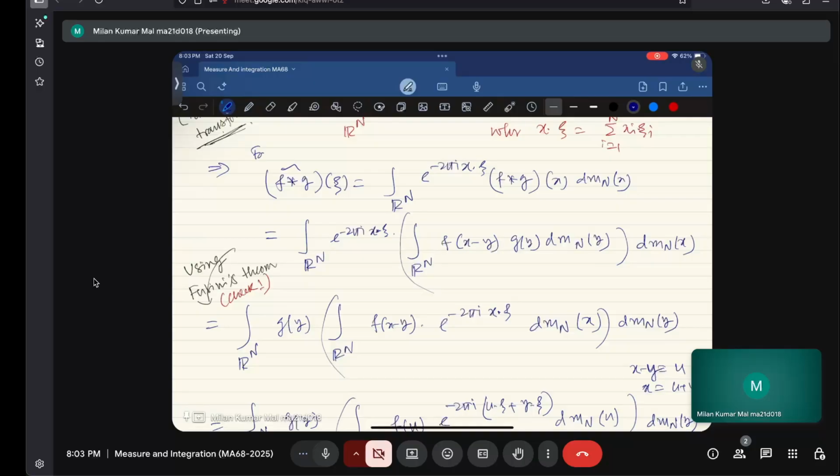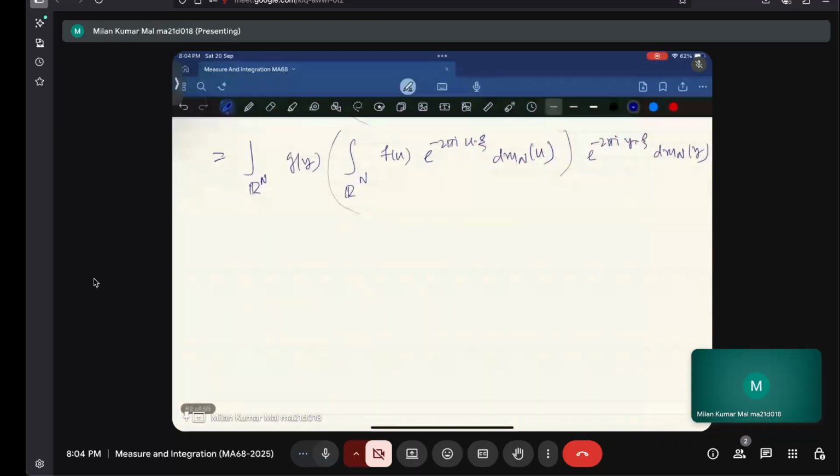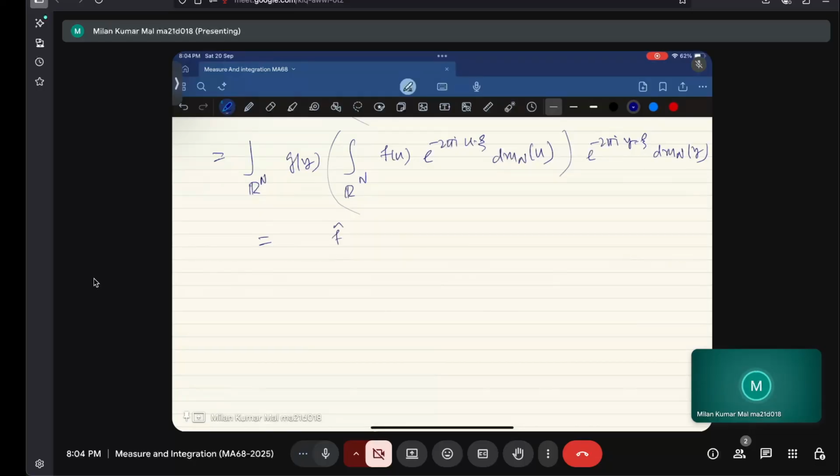For some xi, this one will be g of y all the way, dmn y. So this particular thing will be f hat at the point xi, times e to the power minus 2 pi i y dot xi, dmn y.